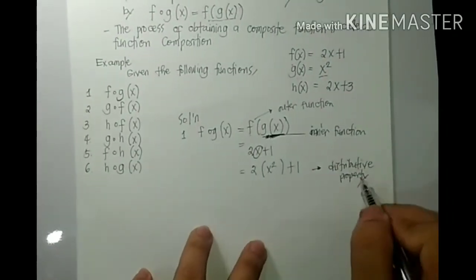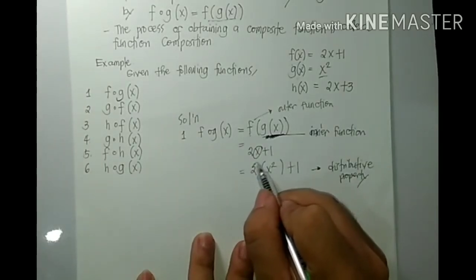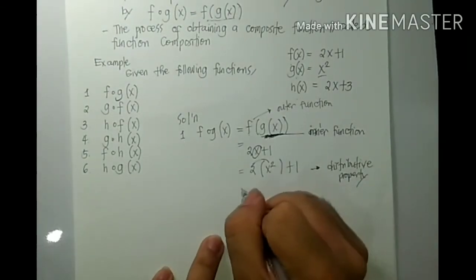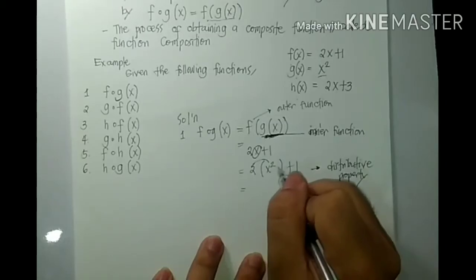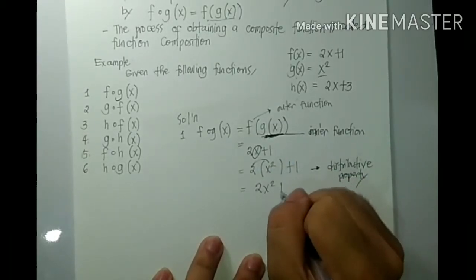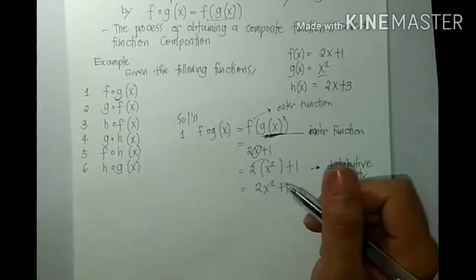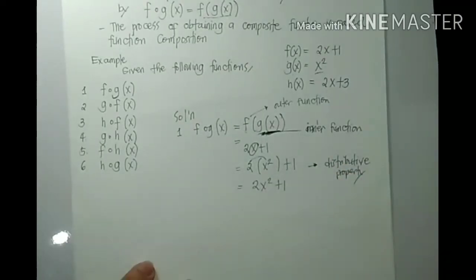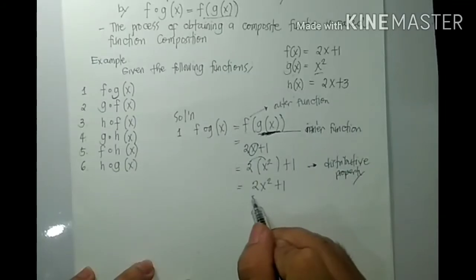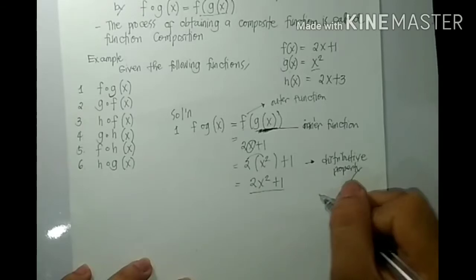What we are going to distribute is positive 2 to x squared. 2 times x squared is 2x squared plus 1. That would be our final answer. Meaning to say, the composition of the given functions is 2x squared plus 1. This will become our new function.